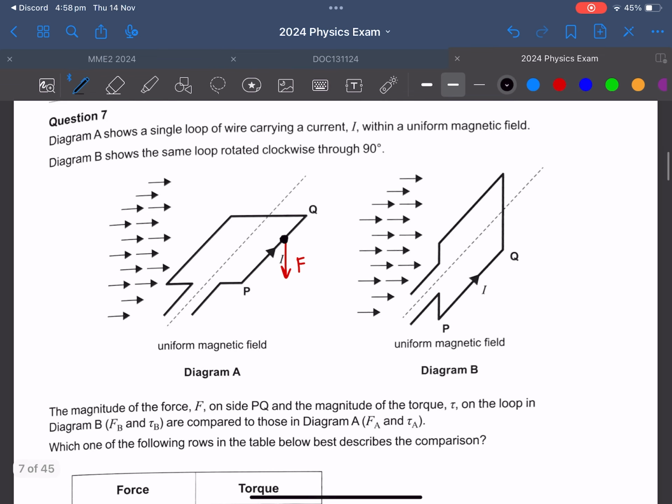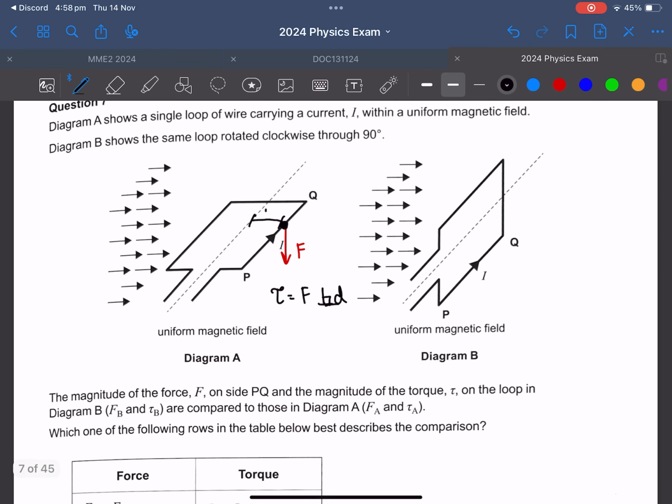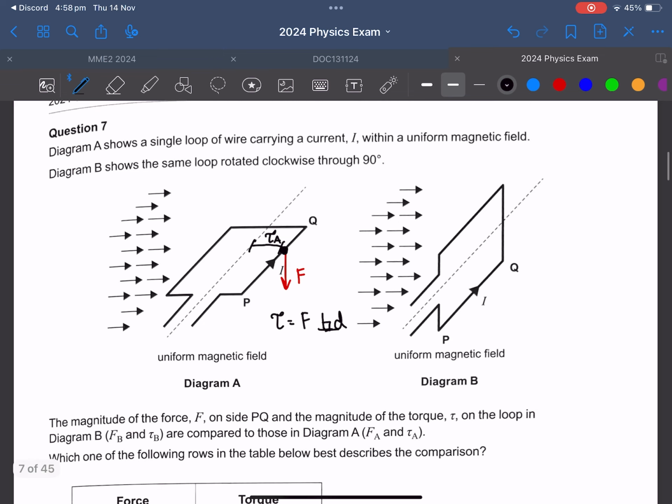So then if you were to look at the distance like this, because remember, torque is basically force times the perpendicular distance, essentially, right? So here, this is going to be the torque A, which is, I guess, pretty much the maximum. And in this case, the force is still pointing like that, I believe.